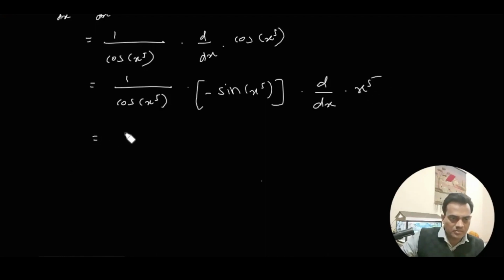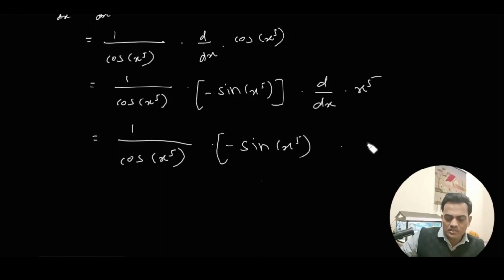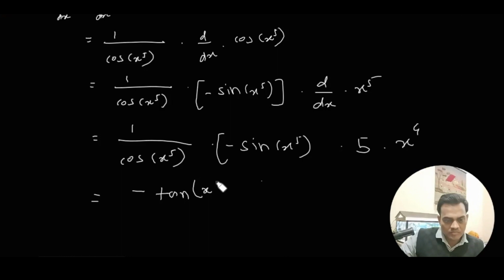So it will become 1 upon cos x raised to 5, and minus sine of x raised to 5, and the derivative of x raised to 5: power comes in multiplication, power will be reduced by 1. So this minus sign as it is, sine x raised to 5 upon cos x raised to 5 will become tan x raised to 5, and x raised to 4 as it is.